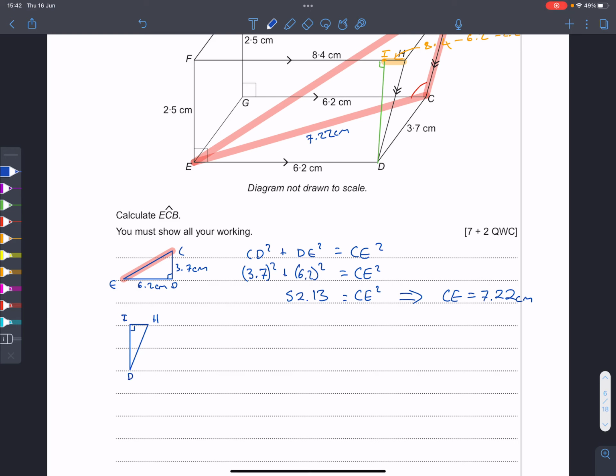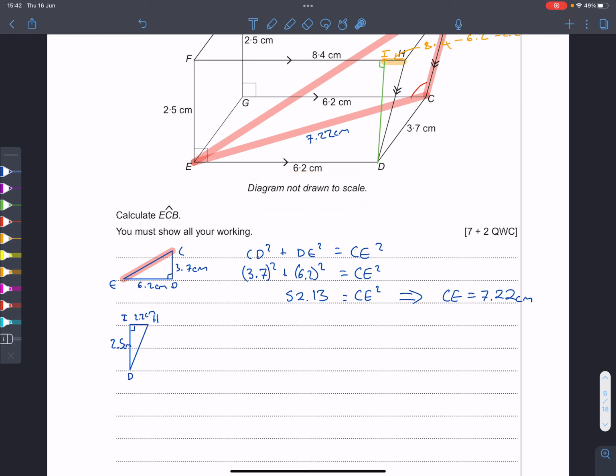There's a right angle. I've just worked out that this is 2.2 centimetres, and my ID is the same as my EF, which is 2.5. Okay, not particularly to scale, but it does say in the question that the diagram is not drawn to scale.